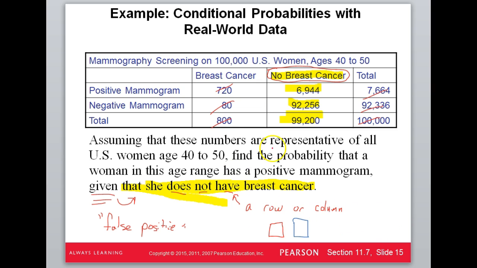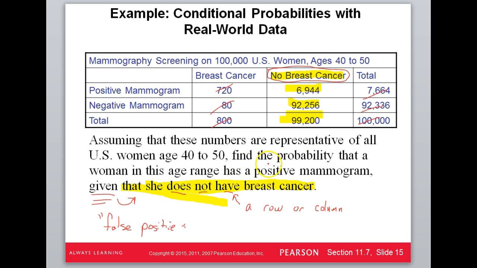So it's like we knew that we're not dealing with this group of people, so we don't have to worry about anybody who wrote their name down on the blue card. It's kind of like how you can think of these conditional probabilities.